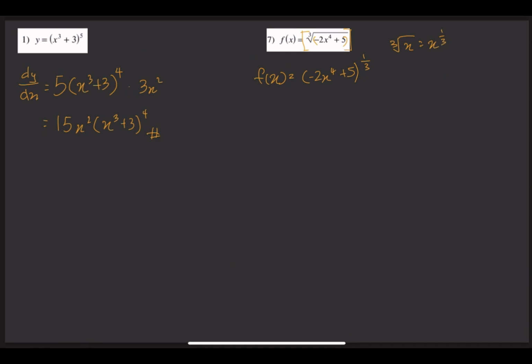So differentiate, f prime x equals, bring down 1 over 3, maintain inner function, plus 5, then 1 over 3 minus 1 equals negative 2 over 3, then multiply by the derivative of the inner function.